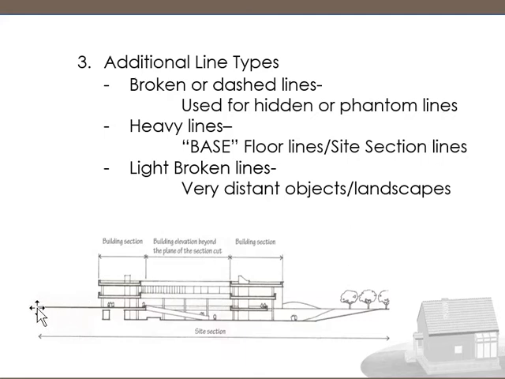So see here, there's a very thick line here, and this indicates the actual ground. So that's very reserved. It's extremely thick and it gives us grounding. And then additional lines like a light broken line could be something distant or a landscape. Sometimes we actually fade those lines away.